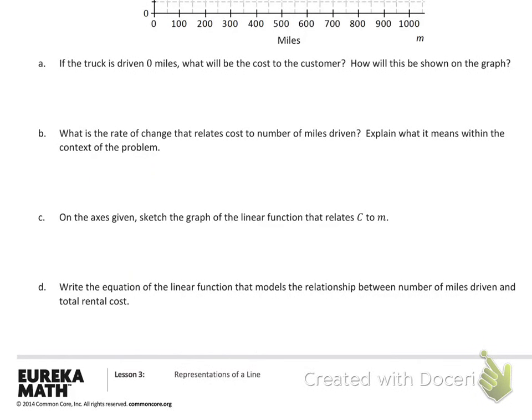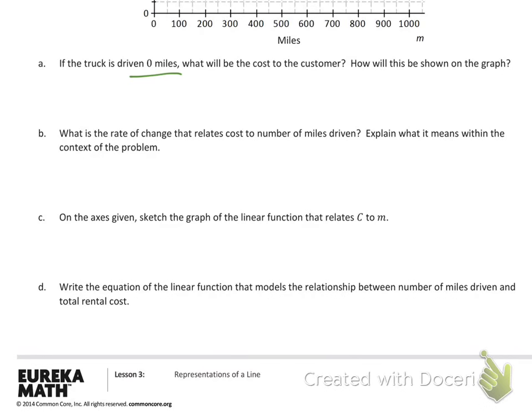So if the truck is driven 0 miles, what will be the cost to the customer, and how will this be shown on the graph? Okay, so let's think about that for a while. And if the truck is driven 0 miles, we could think of that as our initial value, right? Because that's the initial value before the truck is driven at all. There's still going to be a charge.